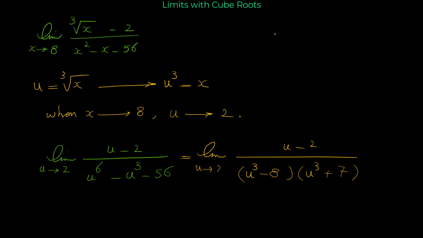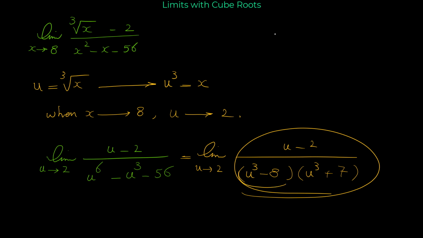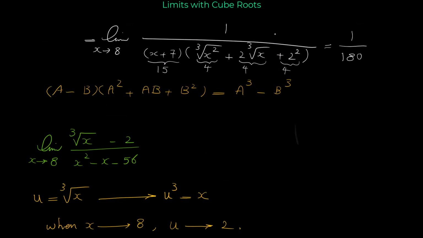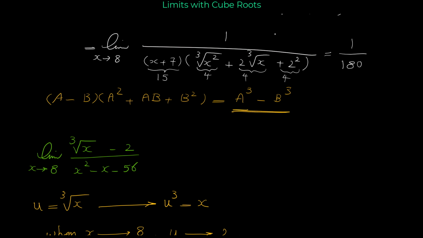u approaches 2. For finding these types of limits, usually we try to find a common factor between numerator and denominator, and we have to cancel that common factor. If you pay attention to u to the 3 minus 8, this is like a to the 3 minus b to the 3.